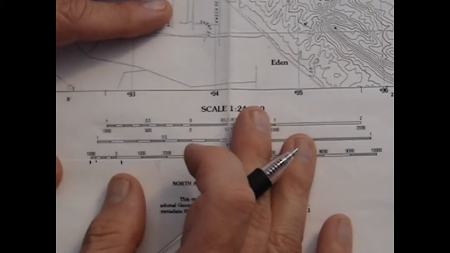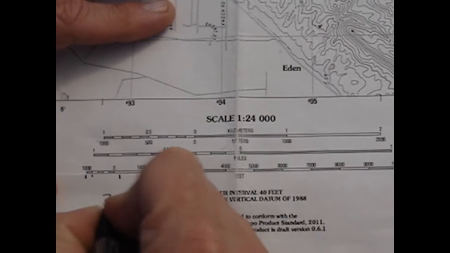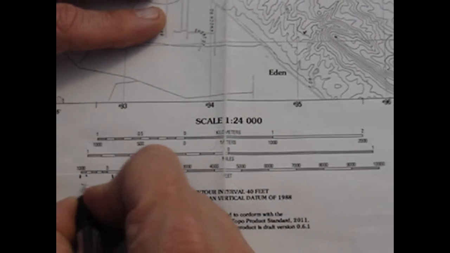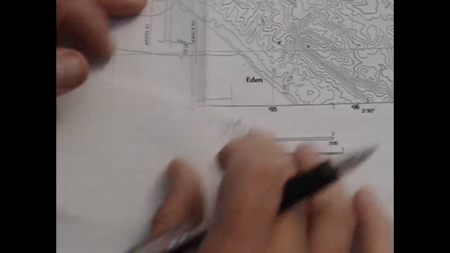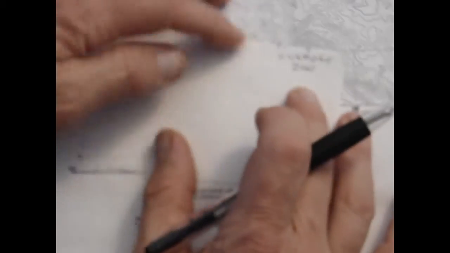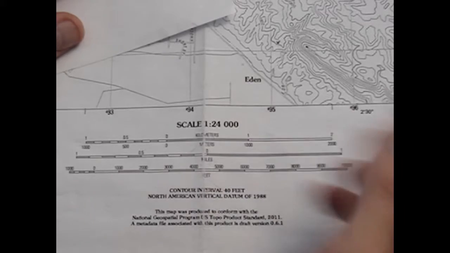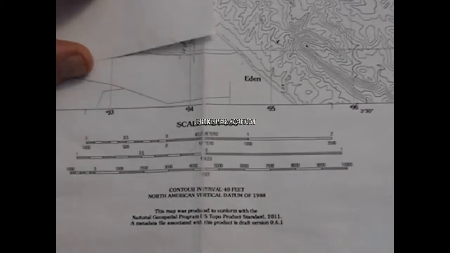If you measure that little rectangle there, that's graduated in 200 feet. So this would equal 1,200 feet. So you know your distance that you wanted to travel from that point to the top of the ridge is 1,200 feet. You can also do it in meters or kilometers, whatever's going to fit your situation or how you're mapping things out.